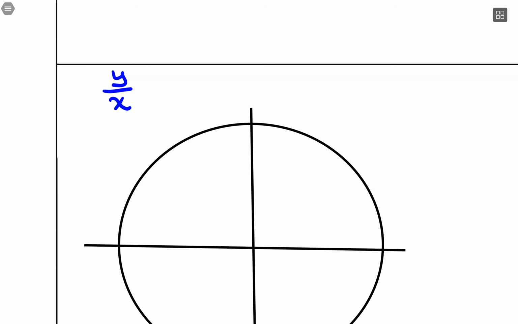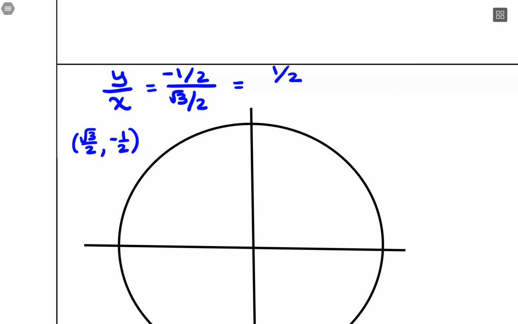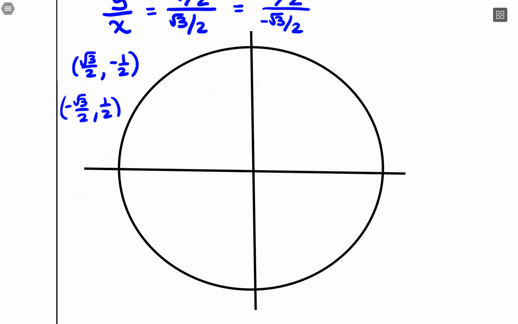We could have negative 1/2 over root 3 over 2, giving us the coordinate x is positive root 3 over 2, y is negative 1/2. Or the negative could have been in the denominator, so 1/2 over negative root 3 over 2, which gives us the coordinate negative root 3 over 2 with a positive 1/2. Graphing those, x positive root 3 over 2, negative 1/2 would be there, and negative root 3 over 2, positive 1/2.